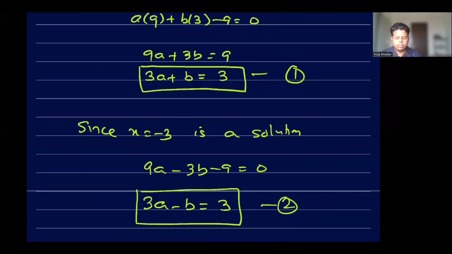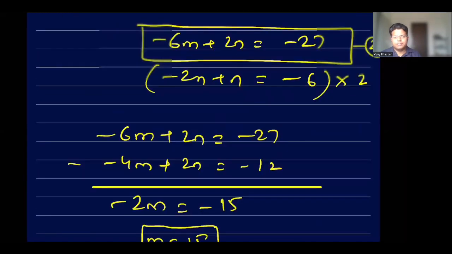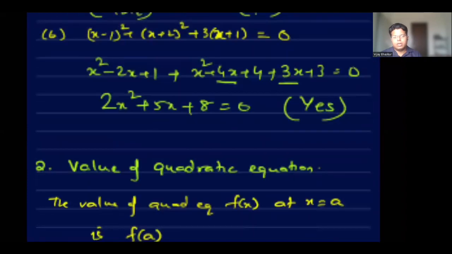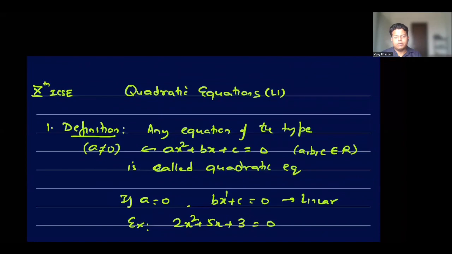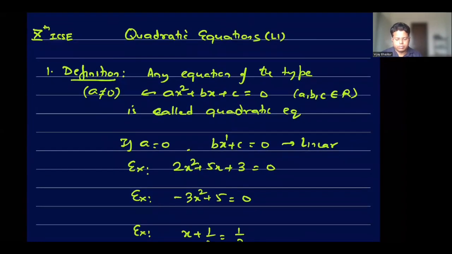So a quick recap of what we have studied today. First, we have seen the definition of a quadratic equation: ax squared plus bx plus c equal to 0, where a should not be equal to 0. That is the first thing that we studied. Then we looked at the value of the quadratic equation, how we'll find the value.